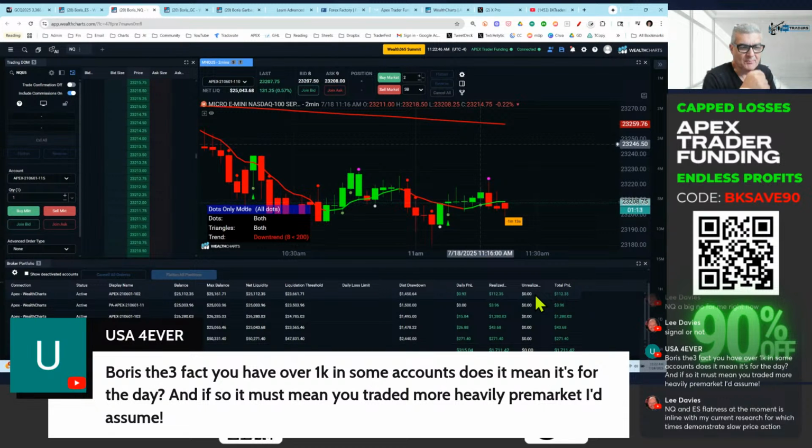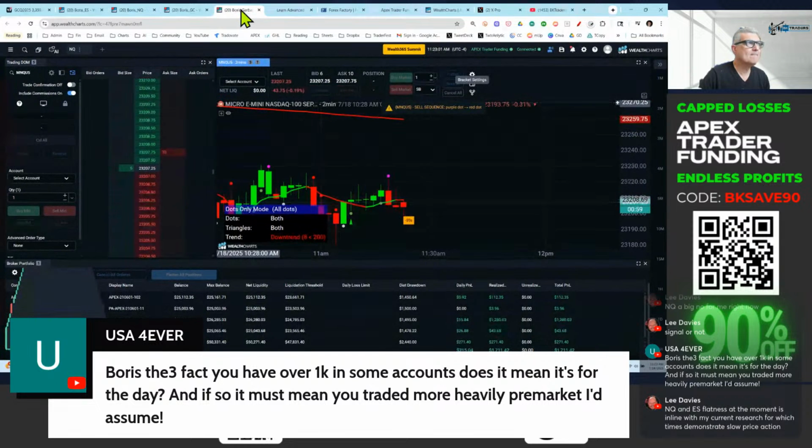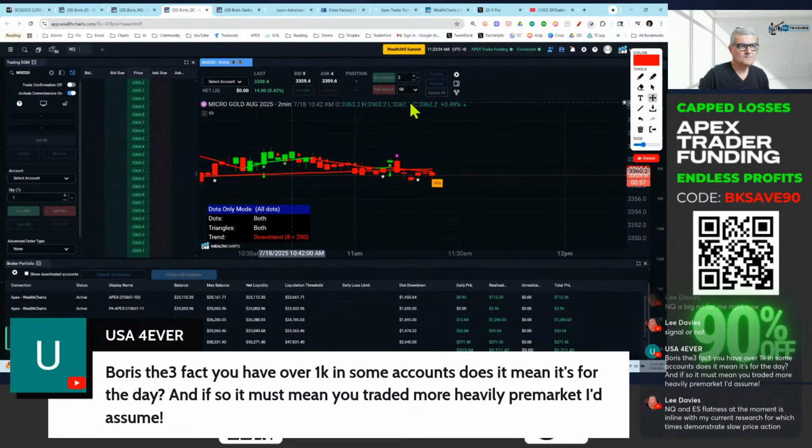It's definitely slow price action. Usually the price action from 10:30 to 12:30 has some nice movement, but today's been dead. Look how flat gold is.